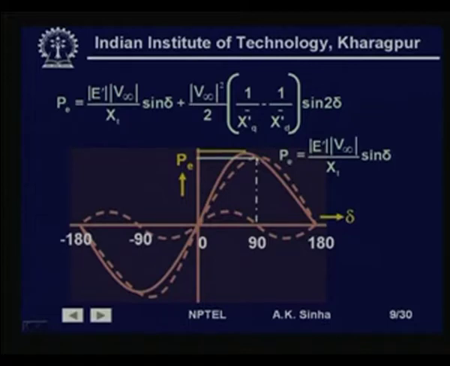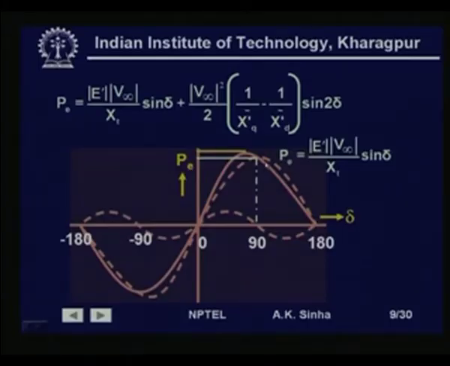Now, suppose we increase the mechanical input by a very small amount at this point, what will happen? Delta angle will again increase from here. Now, delta angle has crossed 90 degrees and what is happening? The electrical output of the machine is going to reduce. The mechanical input has been increased, whereas the electrical output has reduced, which means there is going to be a difference between these two powers.